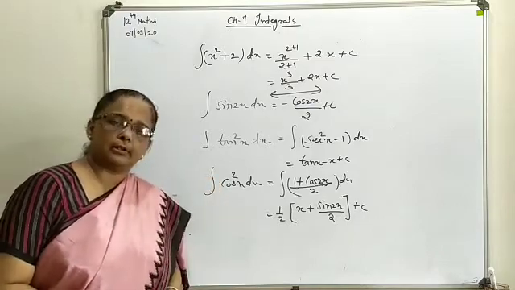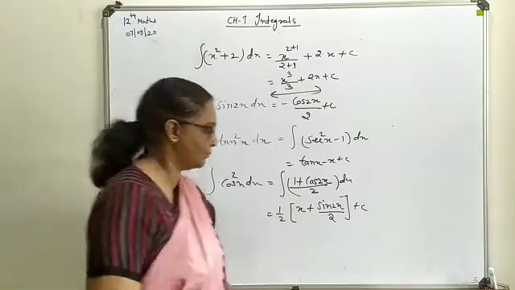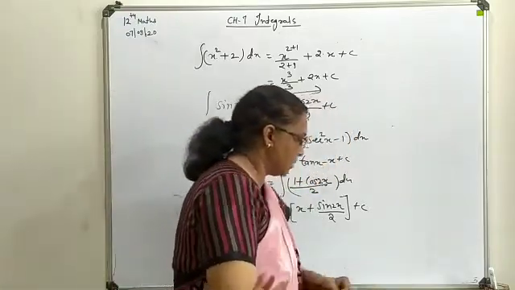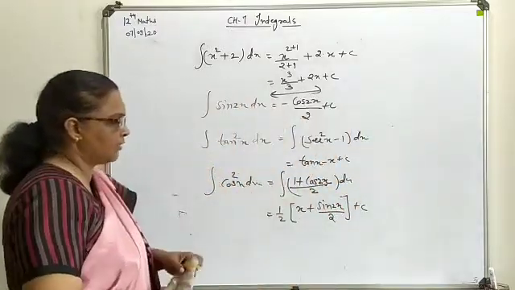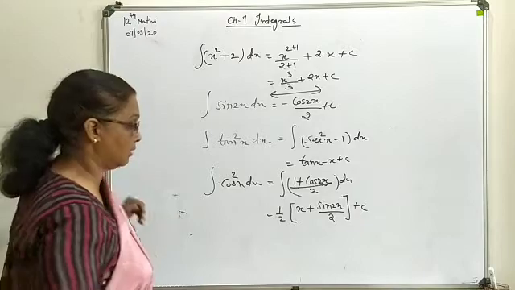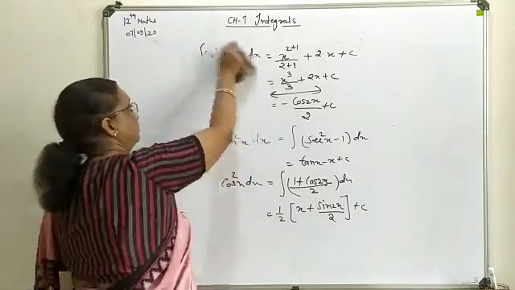So let's start with the exercise in which different combinations are available to us. We are going to start with exercise 7.1. First we will put the solution of question number 6.